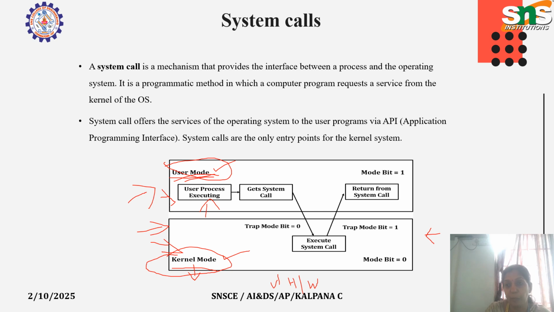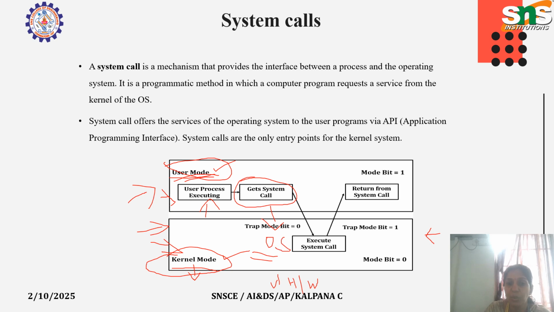In that case, an interrupt will be created and a system call will be generated. Once the system call is generated, the control passes to your kernel mode, that is your operating system.